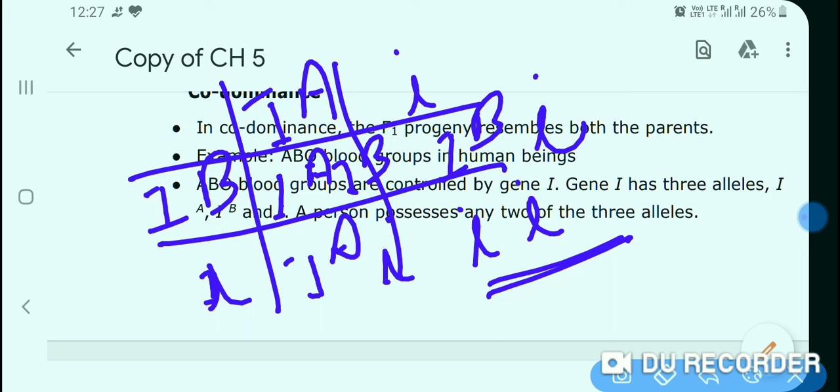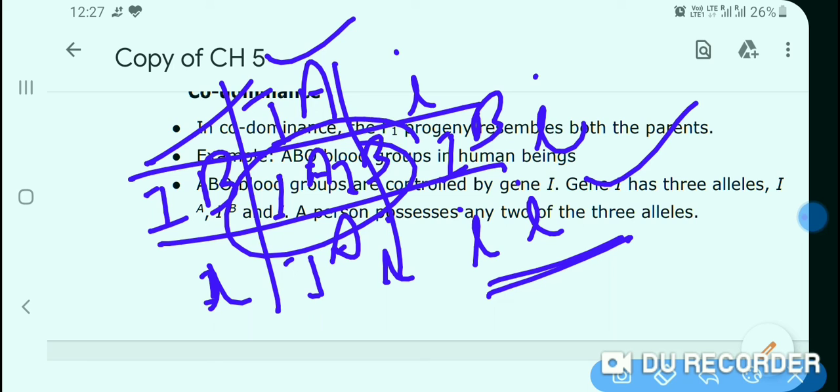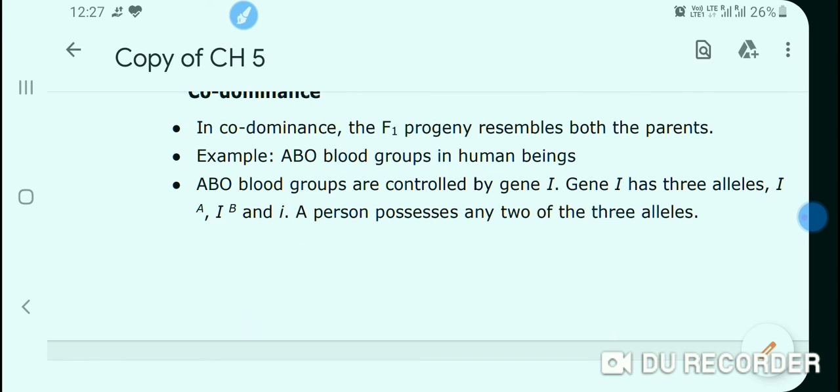Here we can find that their offspring have all 4 types of blood group. That means in blood group AB, alleles IA and IB codominate together. This is the case of codominance.